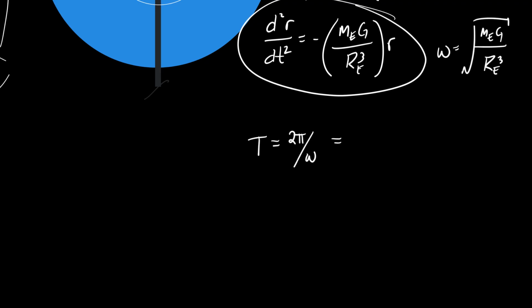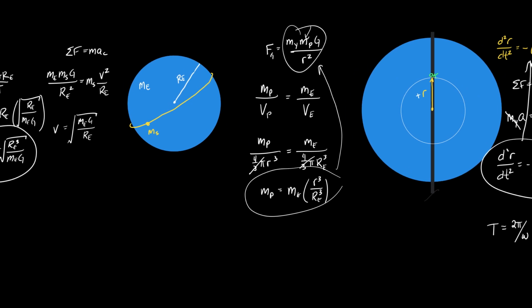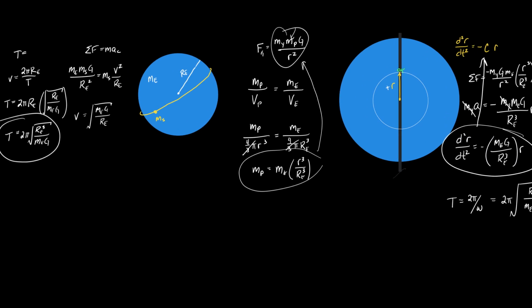So 2 pi times the square root of R_E cubed over M_E G. Does it look similar to something else we've seen today? I mean, I just have to kind of pan over here, right? So whether you go in a circle around the Earth or you drill a hole and fall through the Earth, it takes the same amount of time to do so.